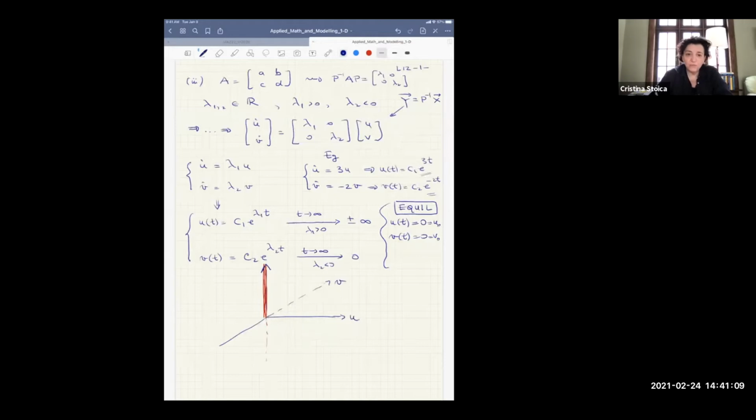I want to draw these curves. What is going on? If, for instance, C2 is 0, then I'm going to stay in the plane UT, with this kind of solutions. And as t goes to infinity, they're kind of going up.